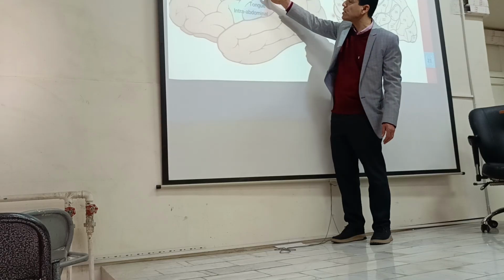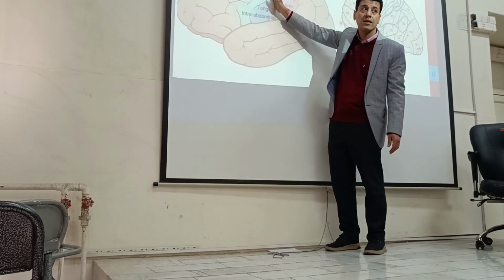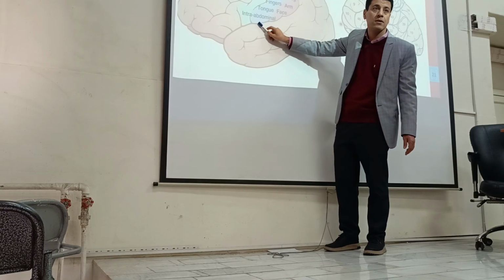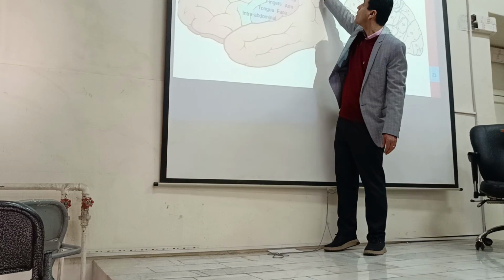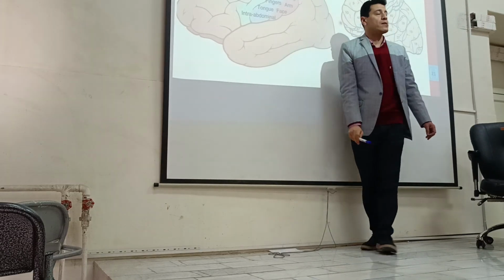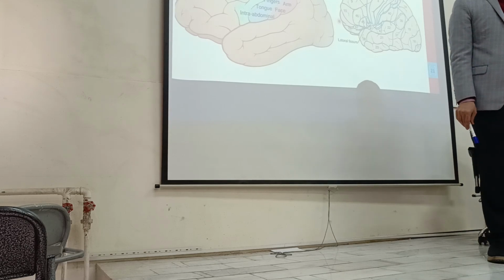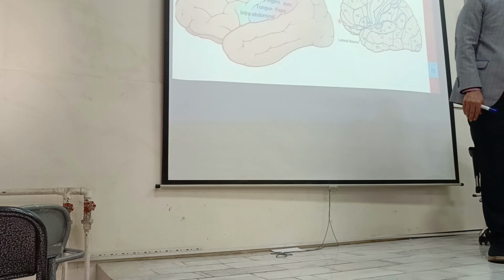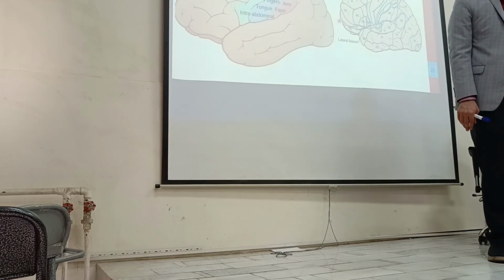In the anterior side of the parietal lobe, we have an area marked with blue called somatosensory area 1. So somatosensory area 1 is located in the anterior side of the parietal lobe, just behind the central fissure.